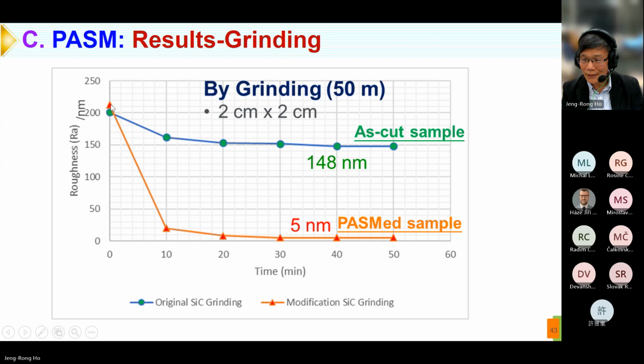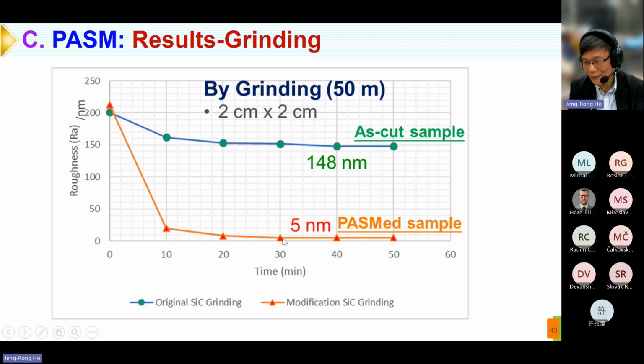And for our modified surface, the initial roughness is close to the initial surface roughness of the ACDRC samples. But after grinding, we can quickly reduce the surface roughness in 10 minutes, down to 20 nanometers. Then it keeps reducing, and at about 30 minutes it reached the minimum surface roughness we can achieve, about 5 nanometers.